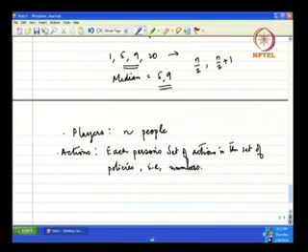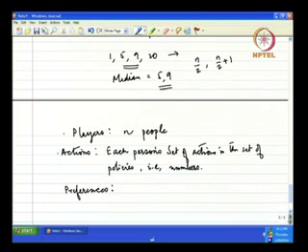Anyone can announce a particular number. That number can be any positive or 0, non-negative number basically. It can be negative also, but I am just keeping the structure simple.